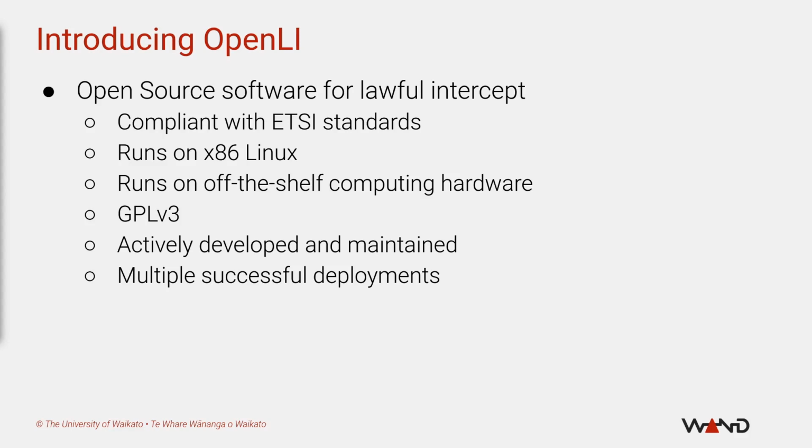The software itself runs on standard off-the-shelf x86 server hardware with Linux as the underlying operating system. OpenLI is compliant with the key ETSI standards for LI, including those for IP, voice over IP, and mobile data interceptions. The codebase is actively developed and maintained, and we have had multiple successful deployments by network operators, mostly here in New Zealand, but we are also assisting with deployments in other countries as well.